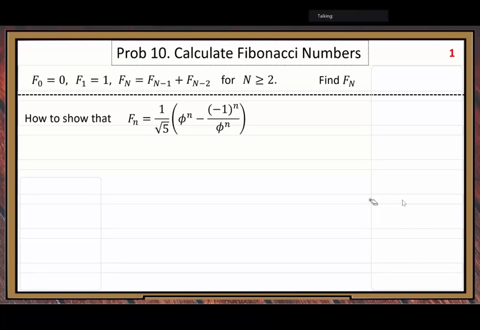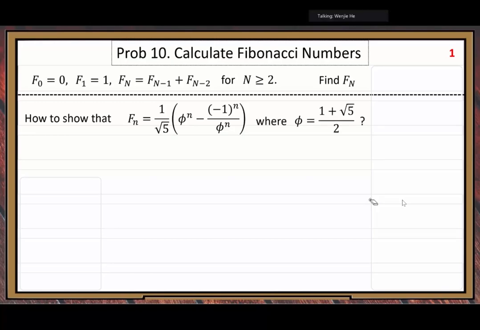Not quite normal, right? Because we know Fibonacci numbers must be all integers. But in your formula, you have 1 over root 5. Root 5 is an irrational number. 1 over root 5, then you times parenthesis phi, golden ratio.